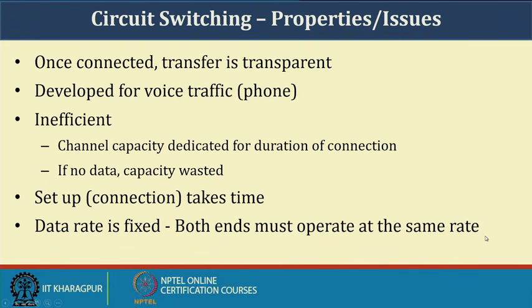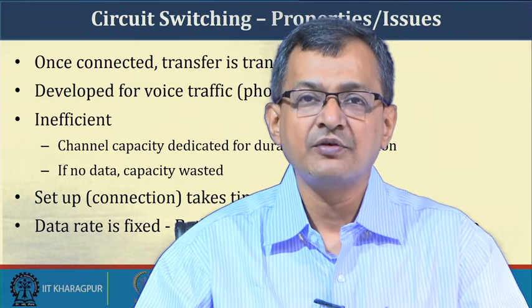If we look at circuit switching properties and issues, first of all, once connected it is transparent. The communication goes on in a transparent mode, like in our traditional telephone connections.